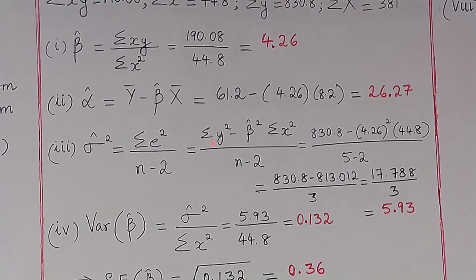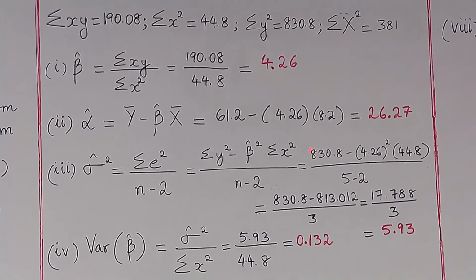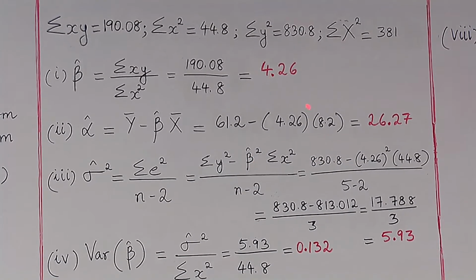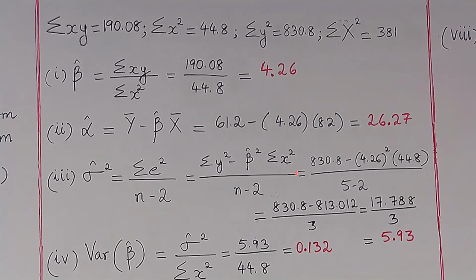As usual, you substitute the value for sigma y square. The value of sigma y square is 830.8, beta hat is 4.26. Since it is a square, you have a square, and sigma small x square is 44.8.